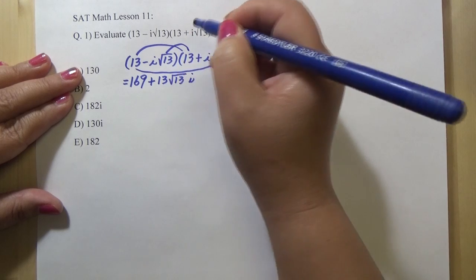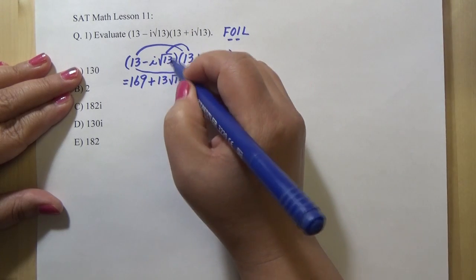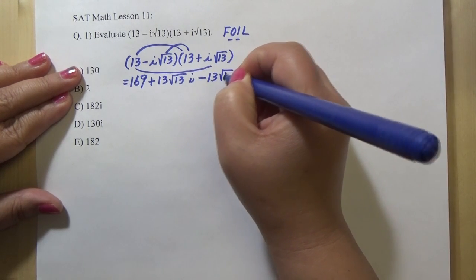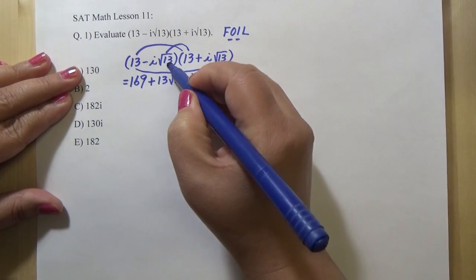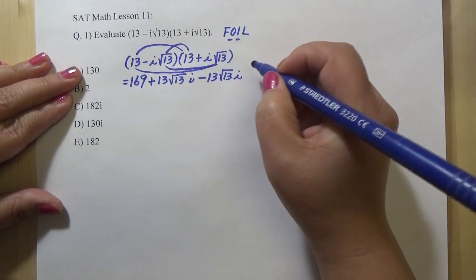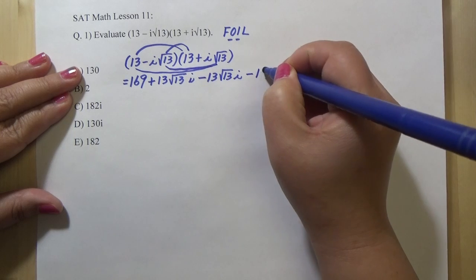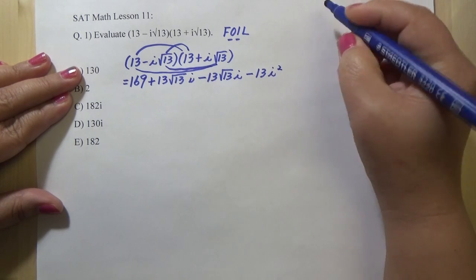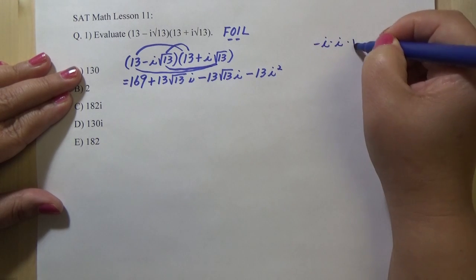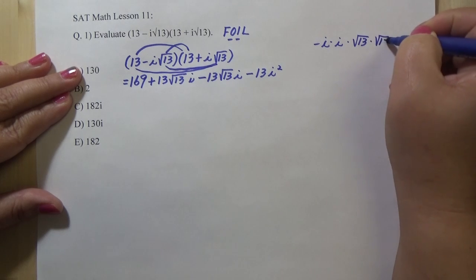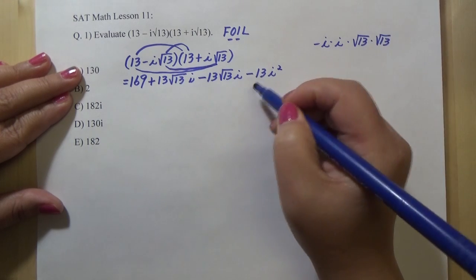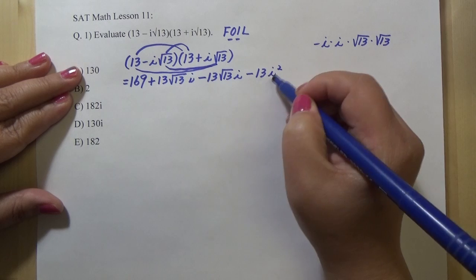And inner, negative i√13 times 13, so negative 13√13 i. And the last, negative i√13 times i√13, which is negative 13 i squared. Because this part, negative i times √13 times √13, and then √13 times √13 is 13, and negative i times i is negative i squared.